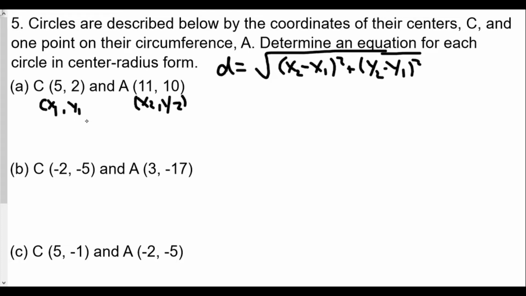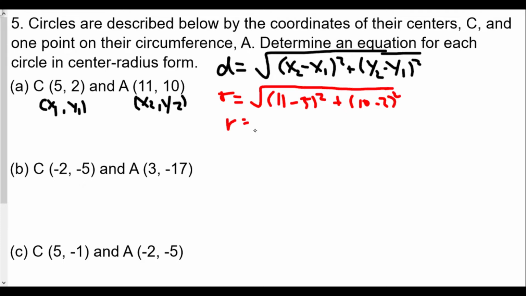Now, why do we do this? Well, the distance from any point on the circle to the center is the measure of the radius, and we need that. So for A, let's call our distance R, because it really is the measure of the radius here. R will be the square root of 11 minus 5 squared plus y2, which is 10 minus y1, 2, squared.